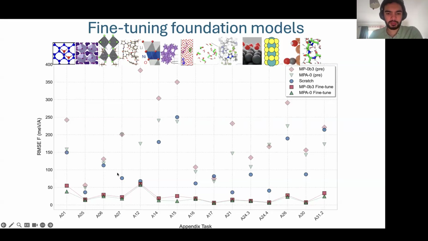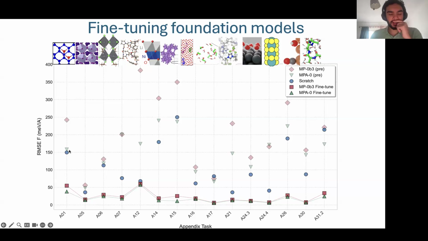So this is what you will get if you train from scratch. And then these pale symbols here are the out-of-the-box accuracy of the foundation models. So you see that our MPA model, which is a new generation of foundation model, is in a lot of cases as accurate as training from scratch, even if it hasn't seen any of these systems. So you might just use it out of the box.